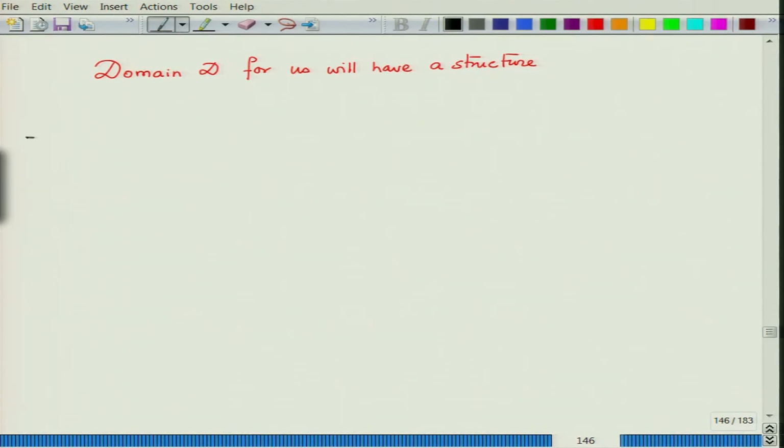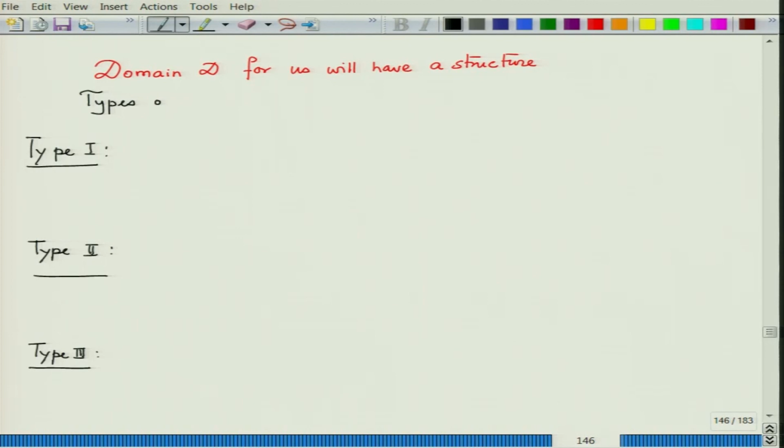So, we will have type 1 domain, type 2 domain, type 3 domain, which we will draw on the board to see what these things mean. So, here we have types of domain D.